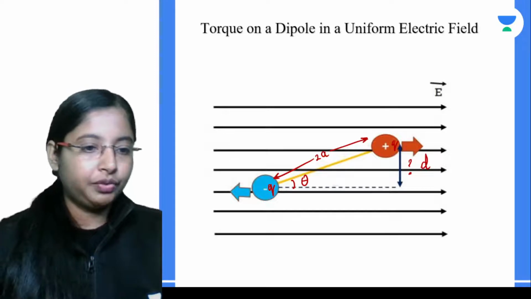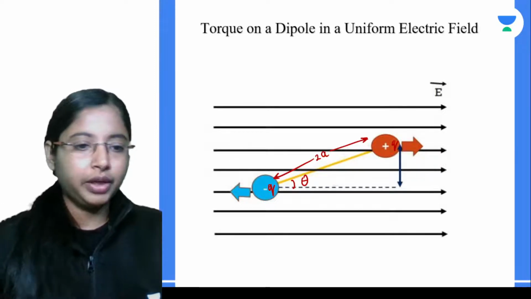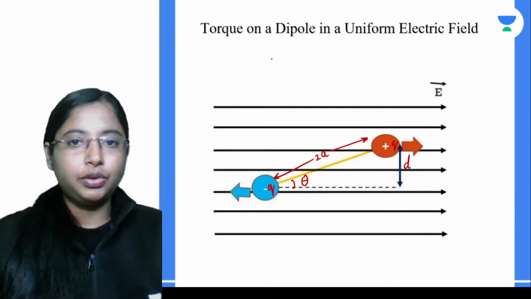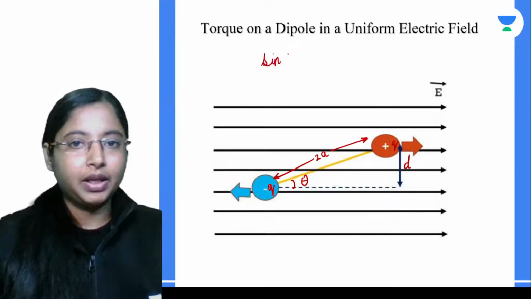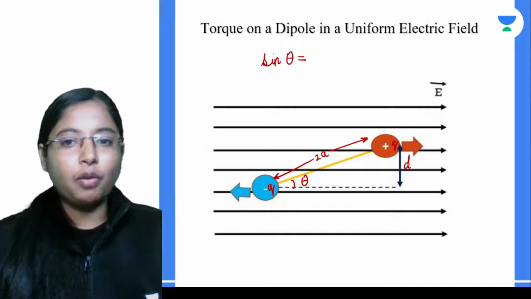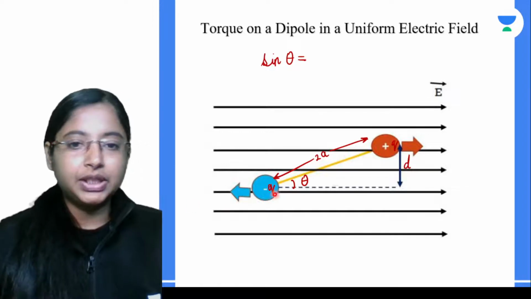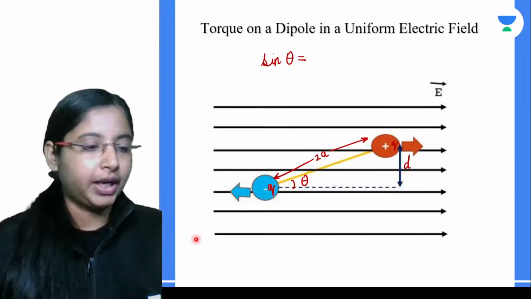To find d, we can take sine theta. Sine theta is opposite by hypotenuse, or perpendicular by hypotenuse, because this is in the form of a right angle triangle.